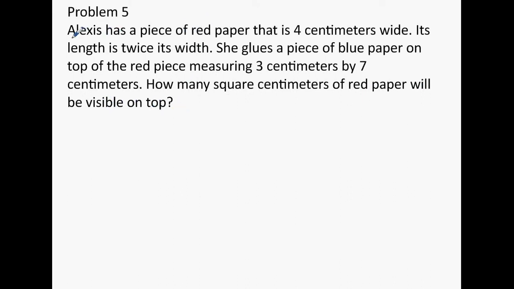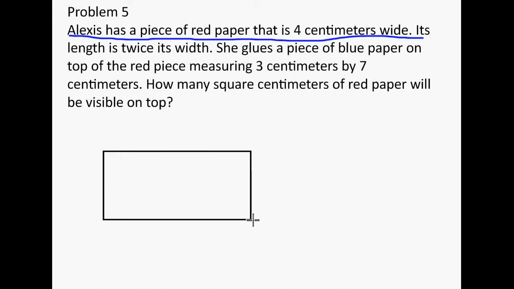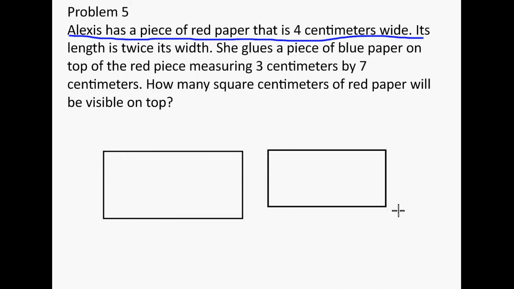All right, so let's figure out what Alexis did here. She's got this piece of red paper. So let's draw some paper so we can see what it looks like. And then she has this blue paper, so we'll draw that too.